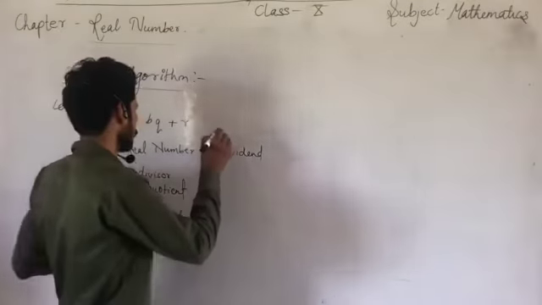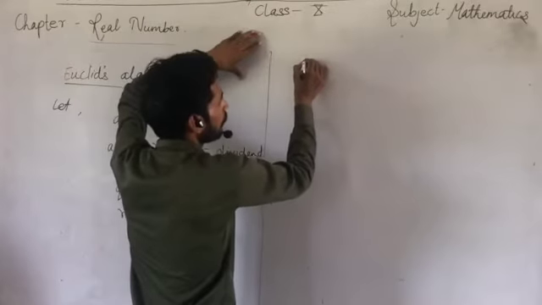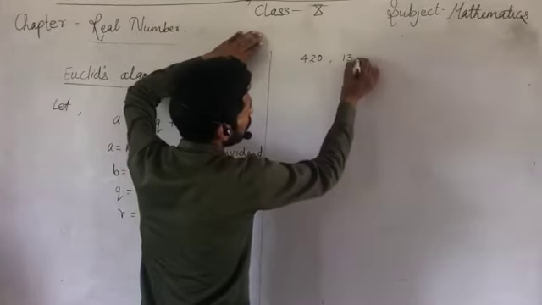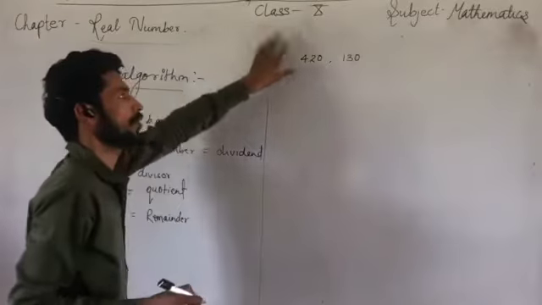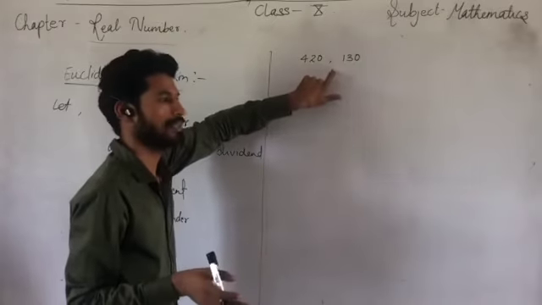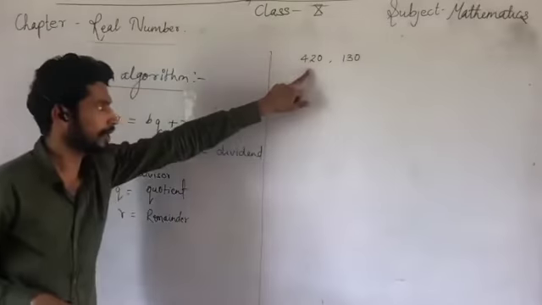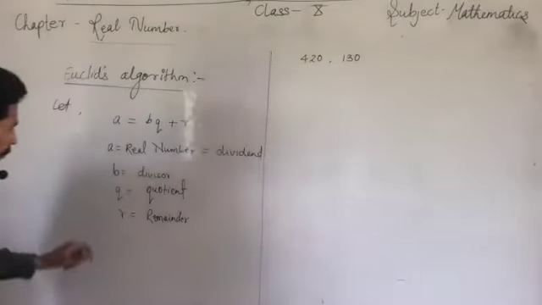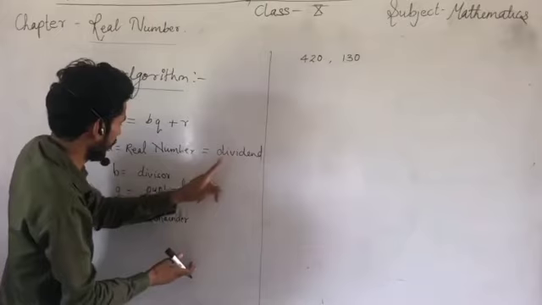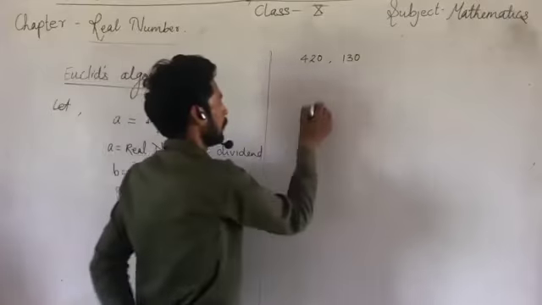For example, suppose that 420 and 130 are two real numbers, and we have to find out a common factor. That means we can say HCF. Then there is a process, but before going to this topic, we have to learn about dividend, divisor, quotient and remainder.